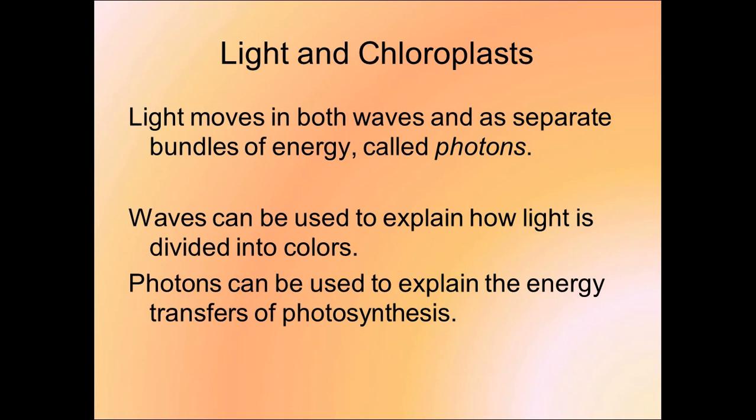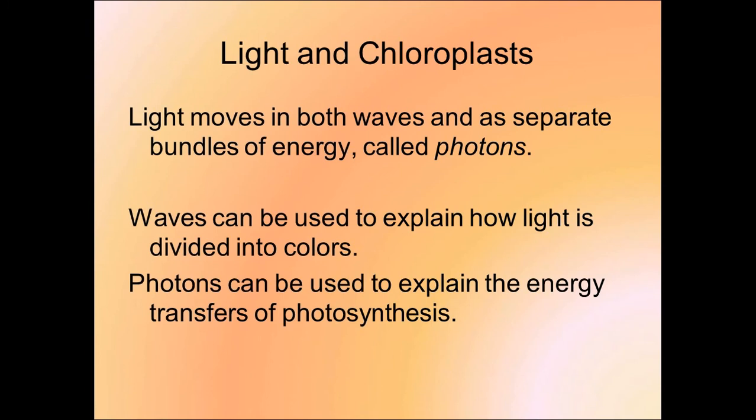Molecules in the chloroplasts absorb the energy from the different wavelengths in different ways. These molecules are called pigments. Green plants use two different types of pigments, chlorophyll and carotenoids. The chlorophyll is primarily the color, and the carotenoids are where the photons are going to be.